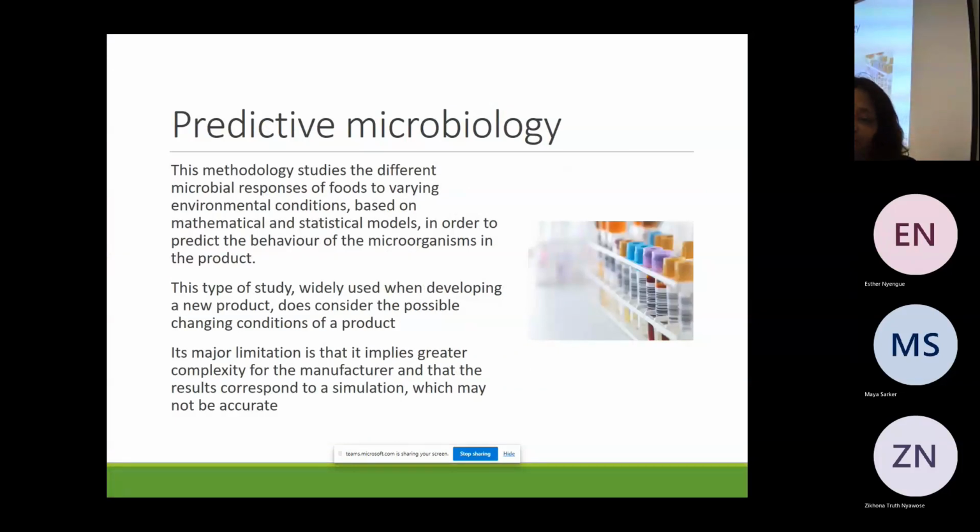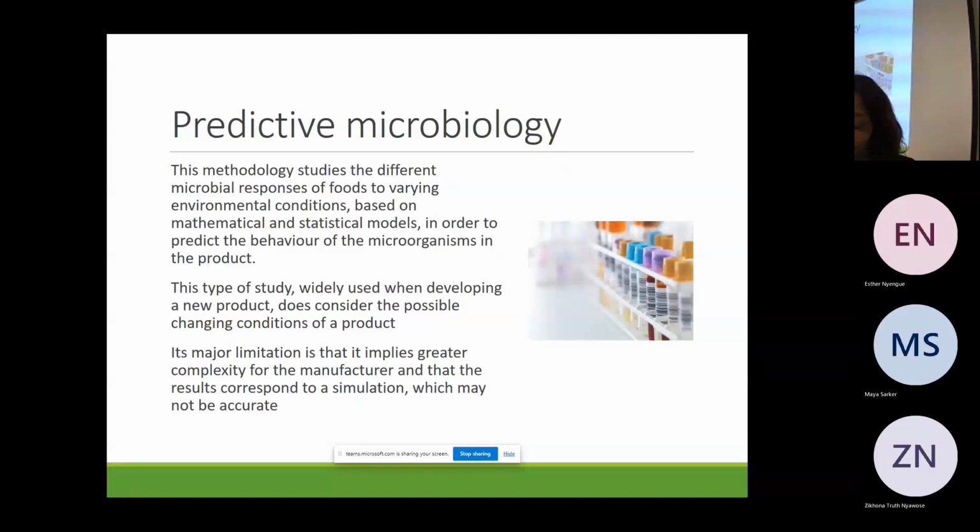Then there is predictive microbiology. This methodology studies the different microbial responses of food to varying environmental conditions, and is based on mathematical and statistical models that have been developed before, and they look at predicting the behavior of microbes in the product. If it is stored at room temperature, at 4 degrees, or frozen, what will this species of microbes actually do?